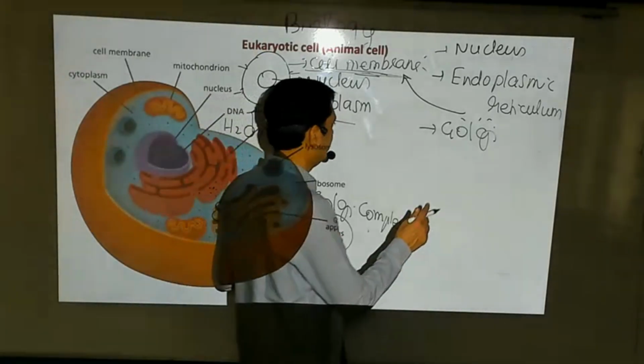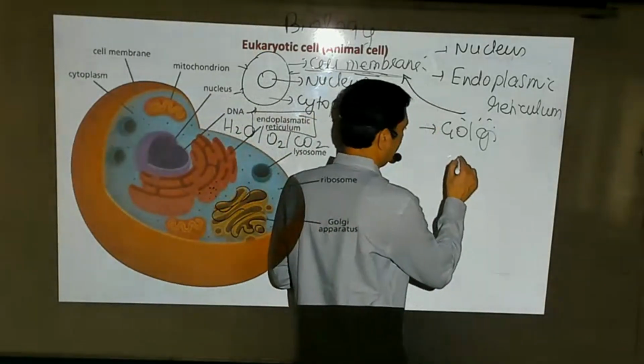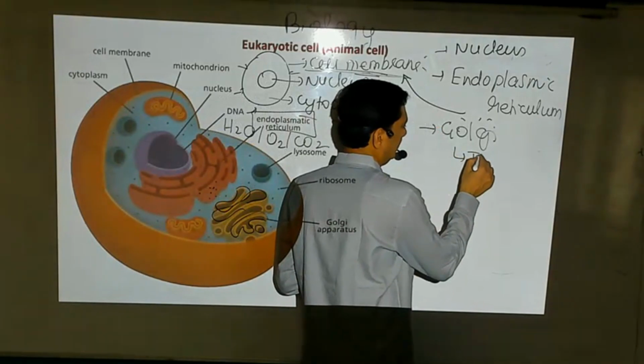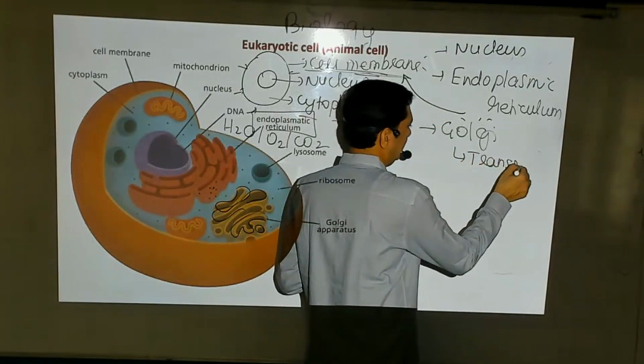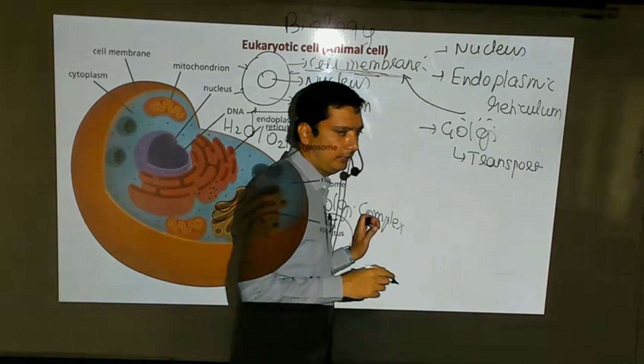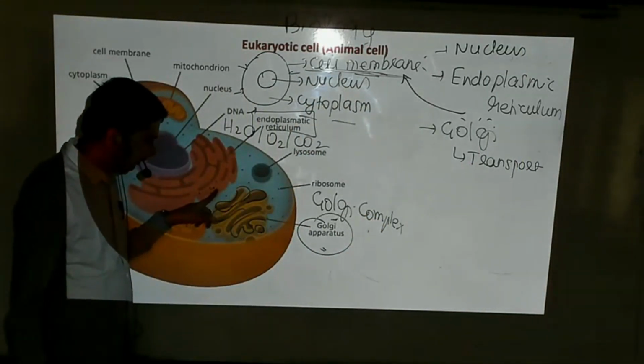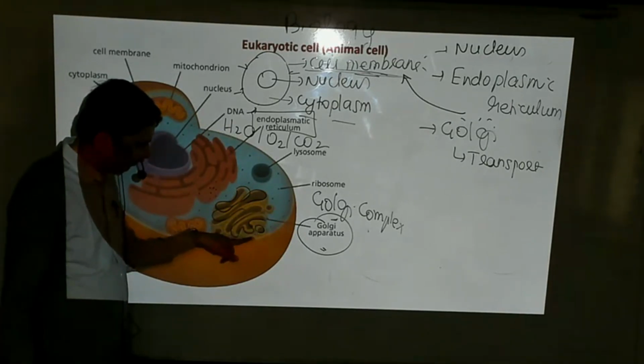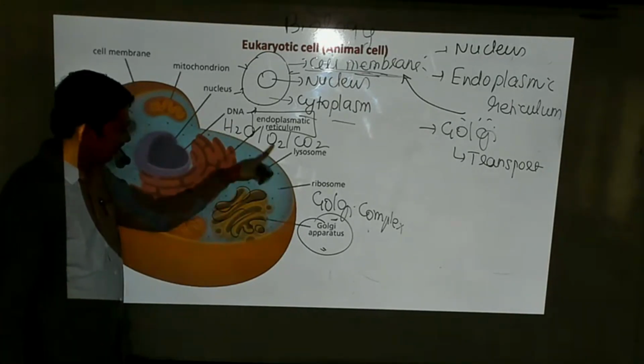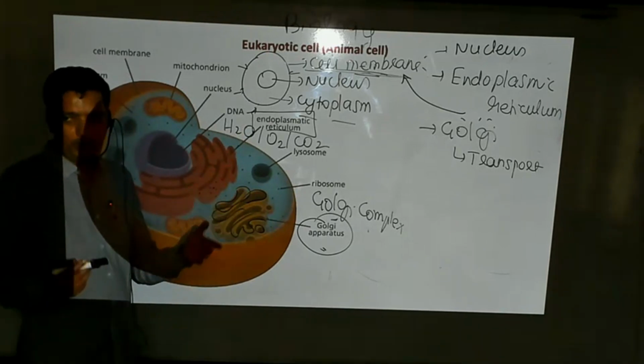What is the function of this organelle, this compartment? It is meant for transport. It is meant for carrying either proteins or lipids produced in the cell to the target sites. If you notice here, what is Golgi doing? It is dropping these vesicles here. Lipid is dropped at the membrane. So now you can extend the membrane.